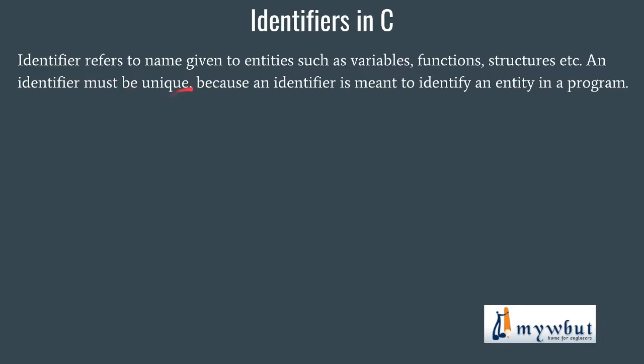Why? Because say suppose at your home you have two siblings, you have some name. Obviously your name is different from what your sibling's name is. Why? Because if both of you have the same name, there will be utter confusion.